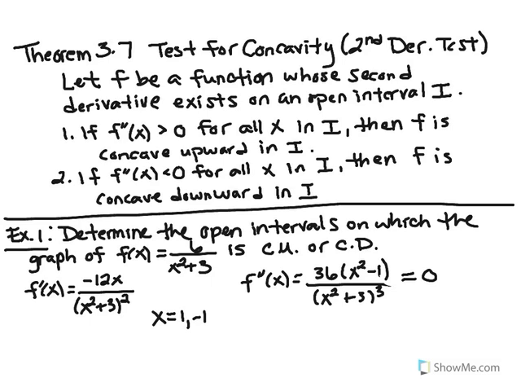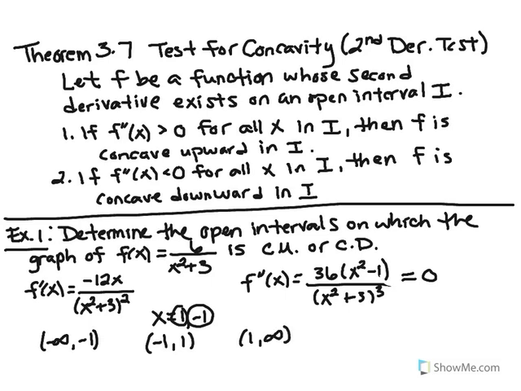So I'm going to set up my intervals here. The first one is from negative infinity up to negative 1, because that's my first x value. My next interval is between negative 1 and positive 1, because that's the next x value that I have. And then the last one is from 1 to infinity.